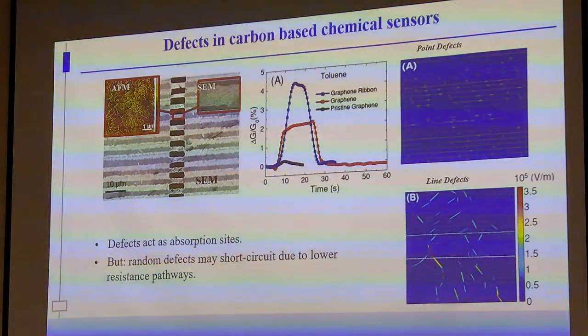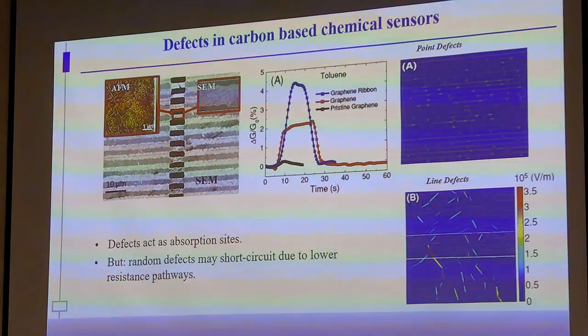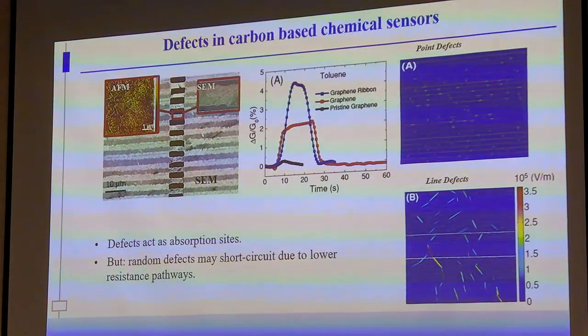So we talked about different types of graphene FET for either biological molecule sensing or gas molecule sensing. Here is one other work that talks about graphene FET devices and discusses why defects are very important there. It's for gas sensing, not biological molecule sensing. In this case, these dots are called point defects, and these lines are called line defects.